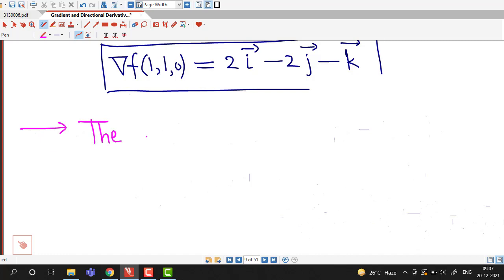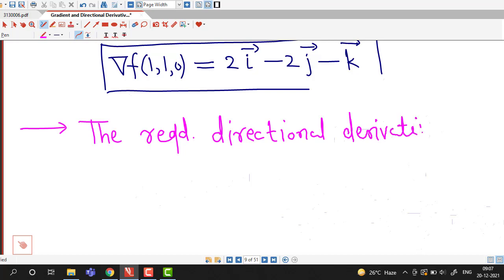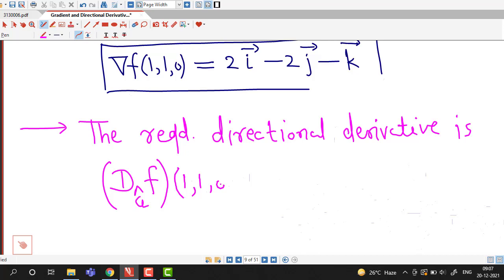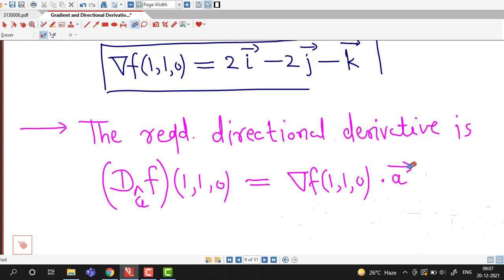The required directional derivative, which we denote by d f in the direction of unit vector a cap at point 1, 1, 0, is the dot product of the gradient vector at point 1, 1, 0 with that unit vector a cap.